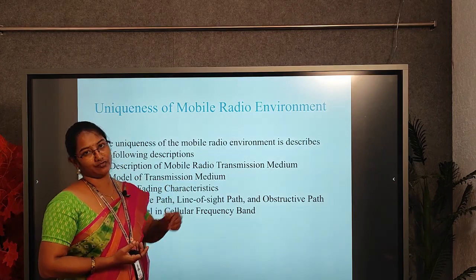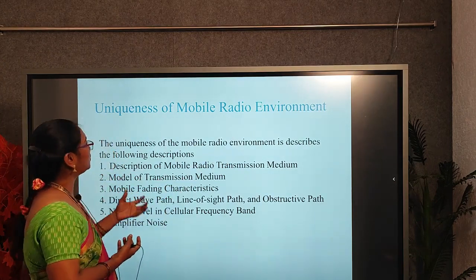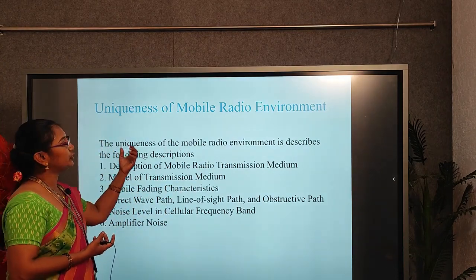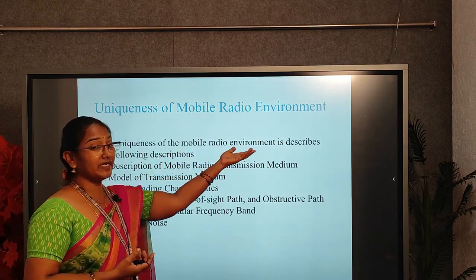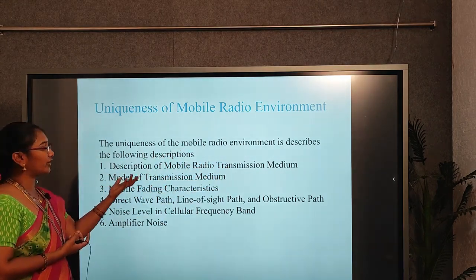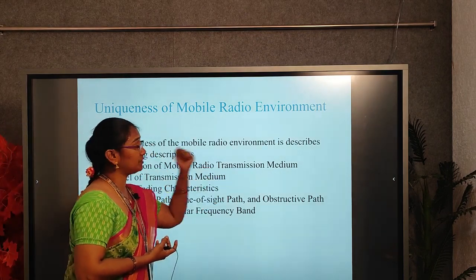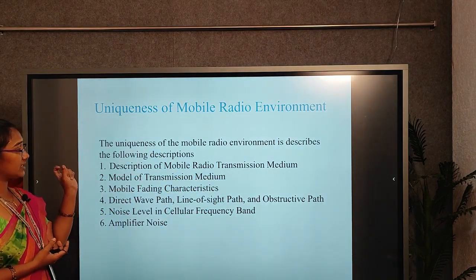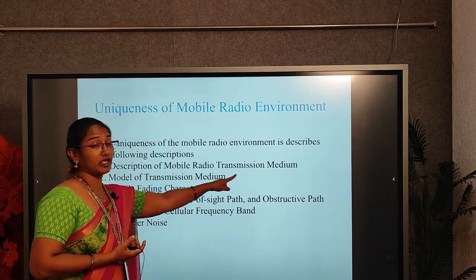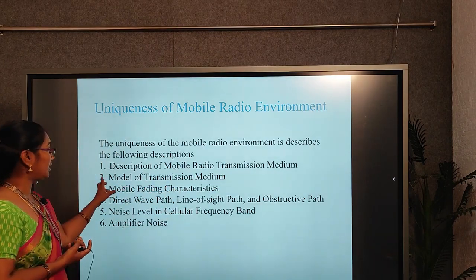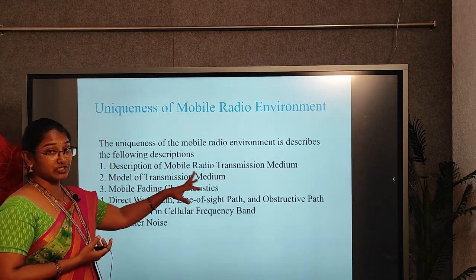Uniqueness of the mobile radio environment. Next topic. What are the unique features? The uniqueness of the mobile radio environment is described in the following description. First one, description of the mobile radio transmission medium. Second one, model of the transmission medium.